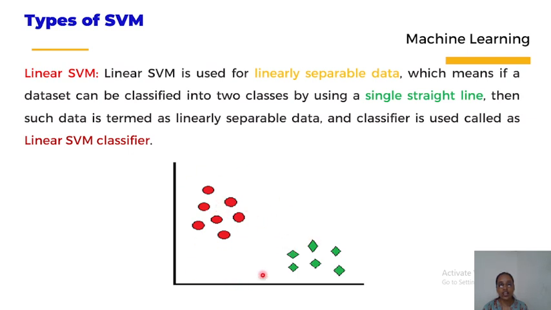You can see in the diagram that these data points you can separate with the linear SVM, or the hyperplane which is linear. This means if a data set can be classified into two classes by using a single straight line, then such data is termed as linearly separable data, and the classifier is called a linear SVM classifier. Such a type of data you can classify with the help of a single straight line.